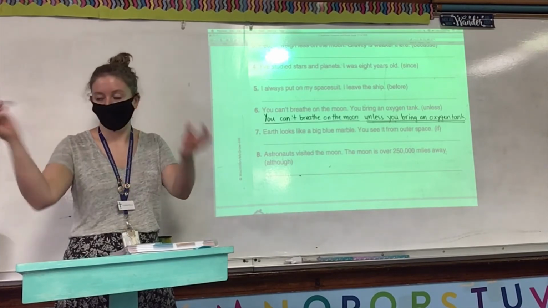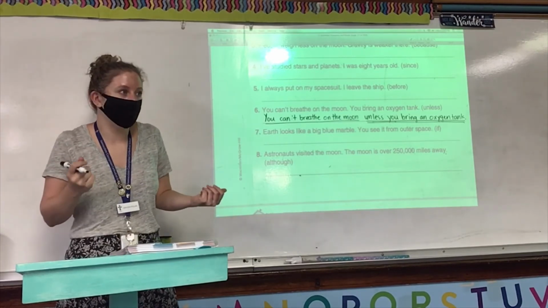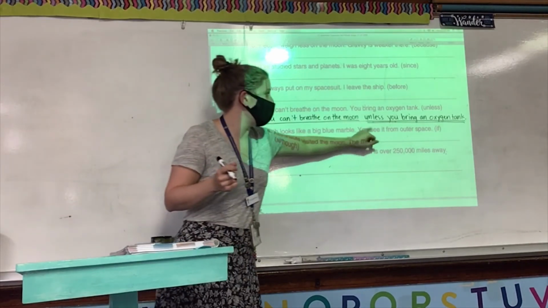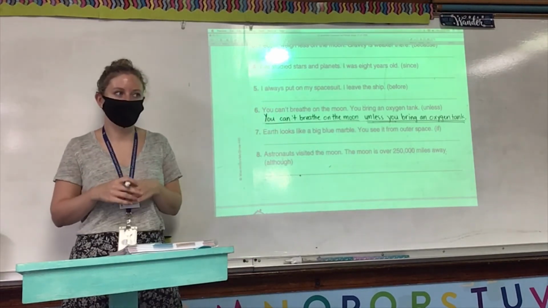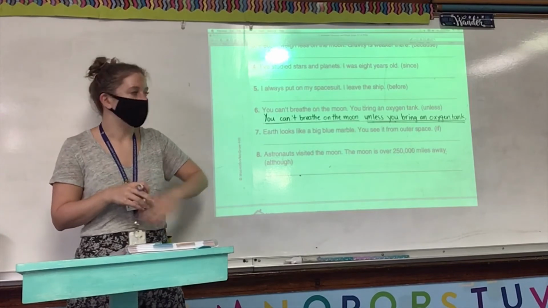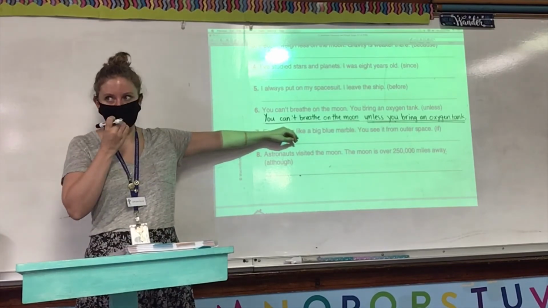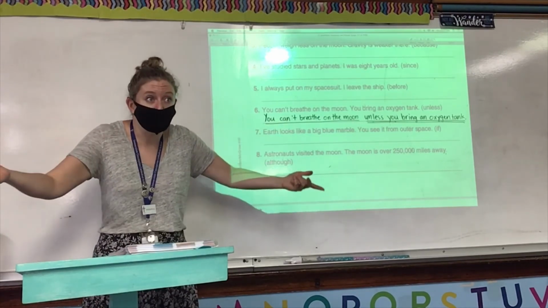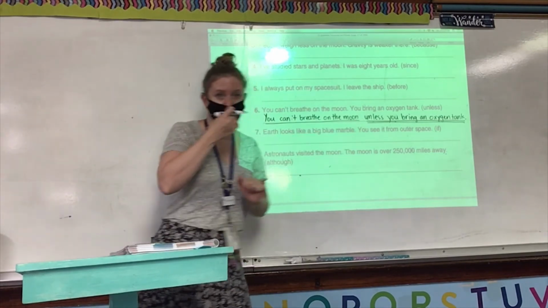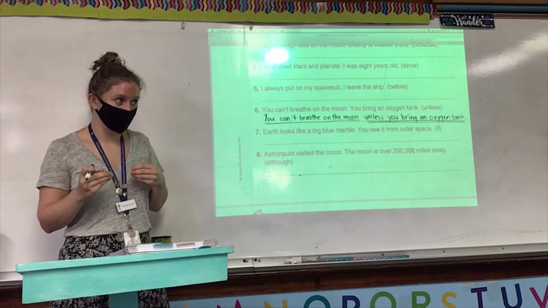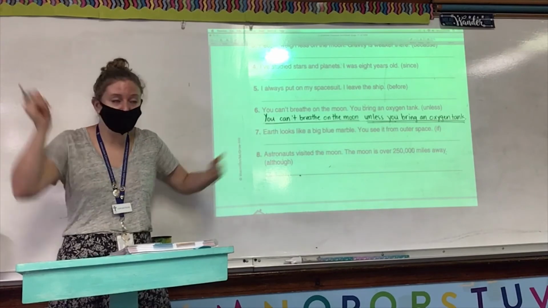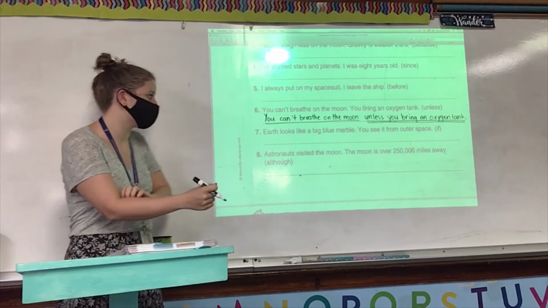It means go get an oxygen tank and bring it with you. But if we say, unless you bring an oxygen tank, you're like, unless I bring an oxygen tank, what? Well, we have to make a complex sentence in order for it to make sense. You can't breathe on the moon unless you bring an oxygen tank. That's why I said unless, because you can't breathe on the moon. So you better go get your oxygen tank and bring it.